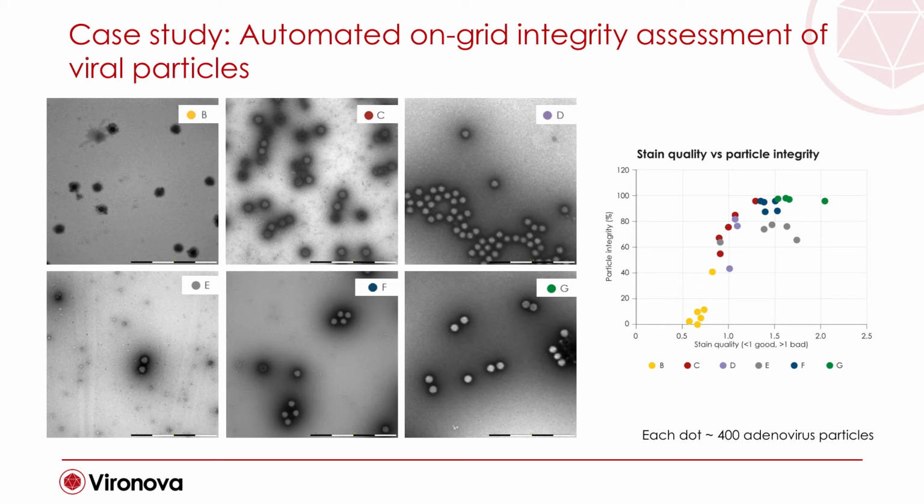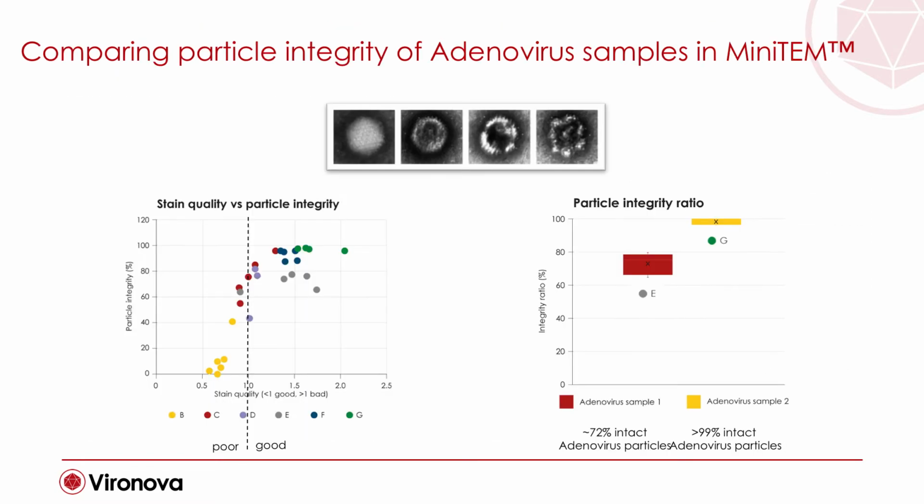So this method was applied to this adenovirus sample that we have been looking at previously. And it allowed us to show that the relative particle integrity in areas suitable for imaging was lower in sample 1 than it is in sample 2, as it contains more debris.